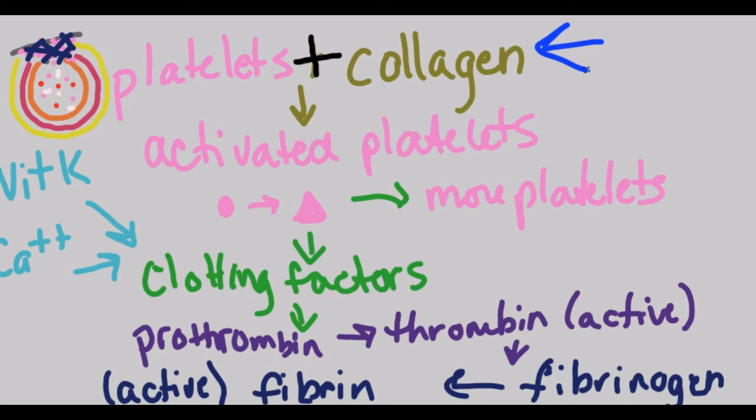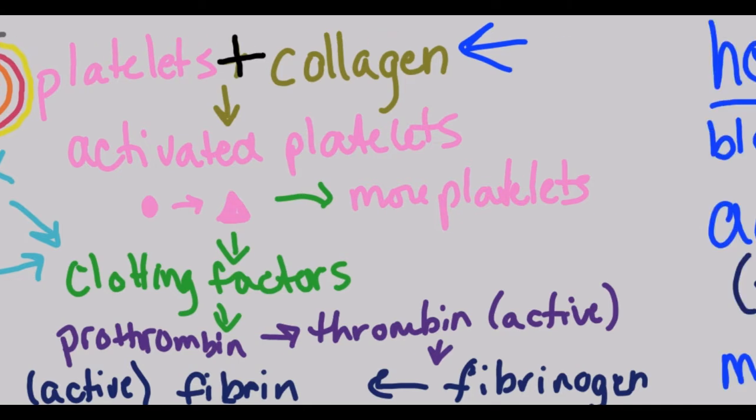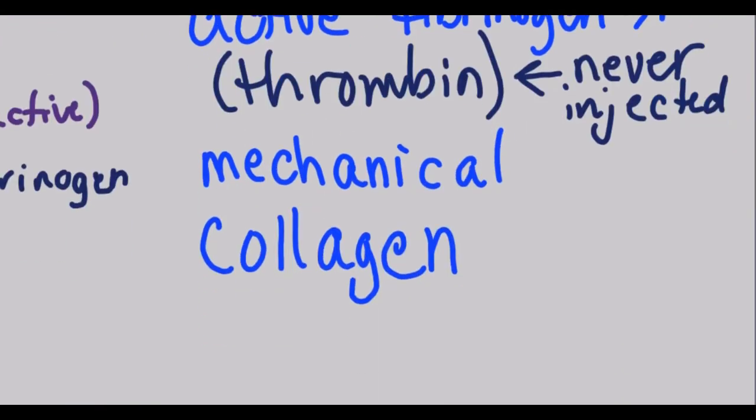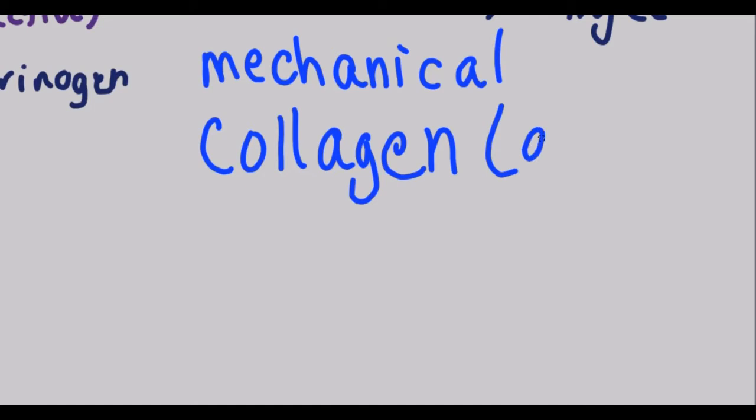So if you just put collagen right there on the wound, then that can activate the platelets, and that can start the whole cascade for clotting. So collagen in the form of gelatin or absorbable collagen can be placed, or flowable is also made of gelatin, which is going to contain collagen. Those will activate the platelets. So this collagen is also going to include anything with gelatin.